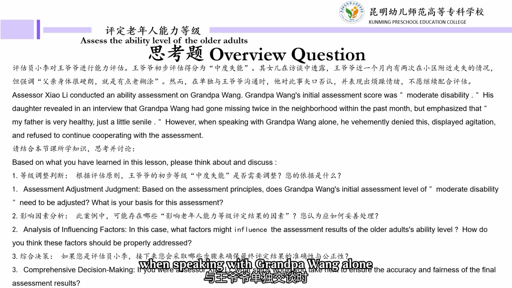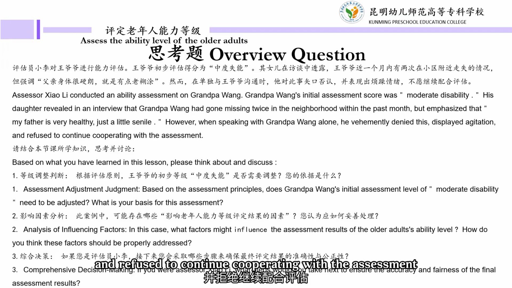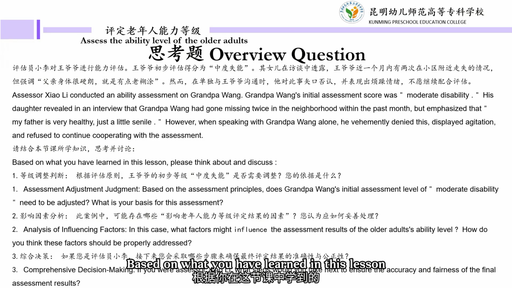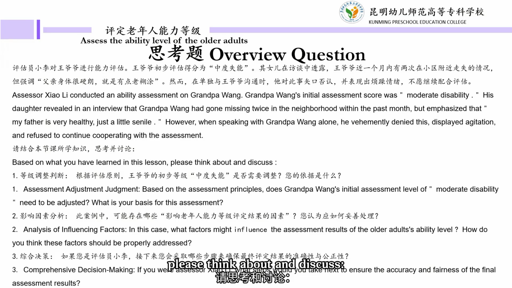However, when speaking with Grandpa Wang alone, he vehemently denied this, displayed agitation, and refused to continue cooperating with the assessment. Based on what you have learned in this lesson, please think about and discuss.